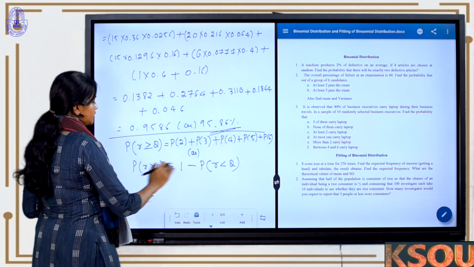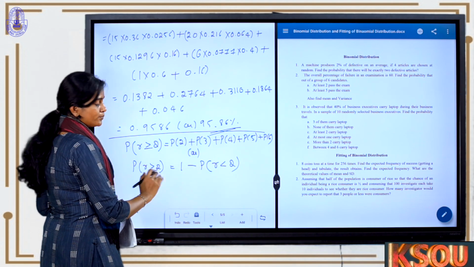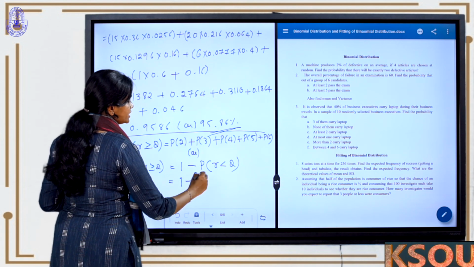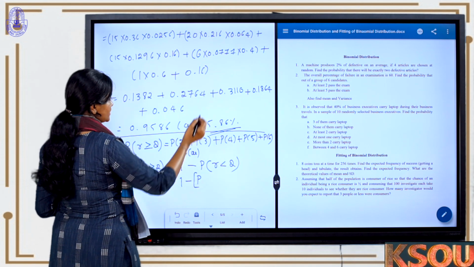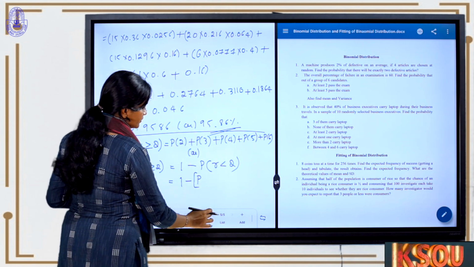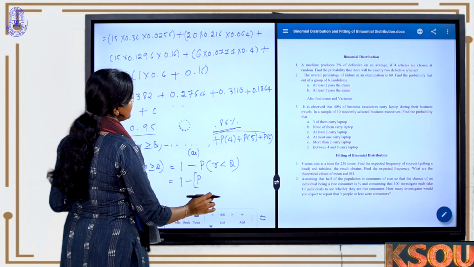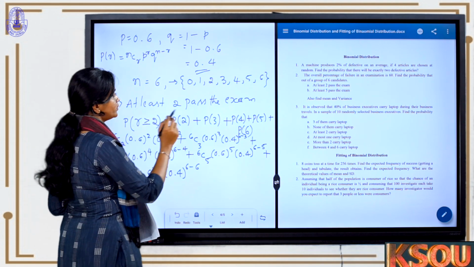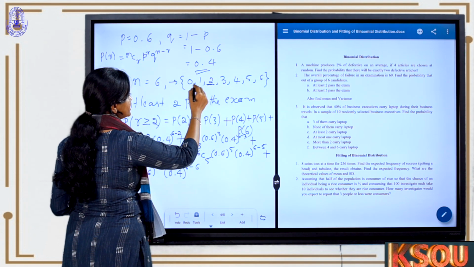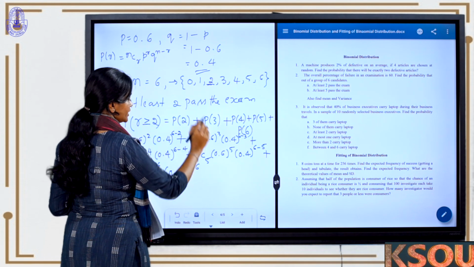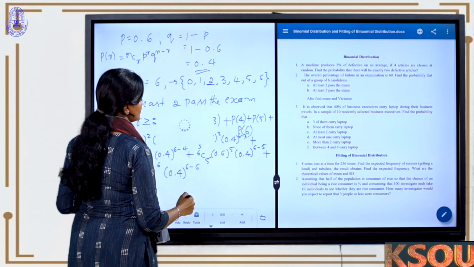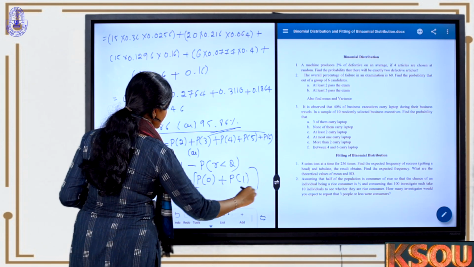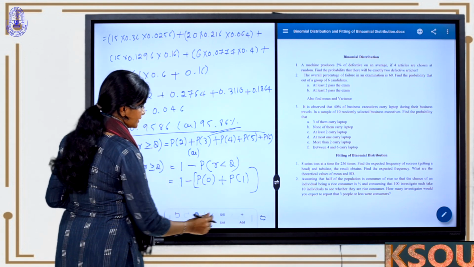R less than 2 means you don't need to consider 2 onwards, take P of 0 and P of 1. So P of 0 plus P of 1. You will have to calculate this answer separately.